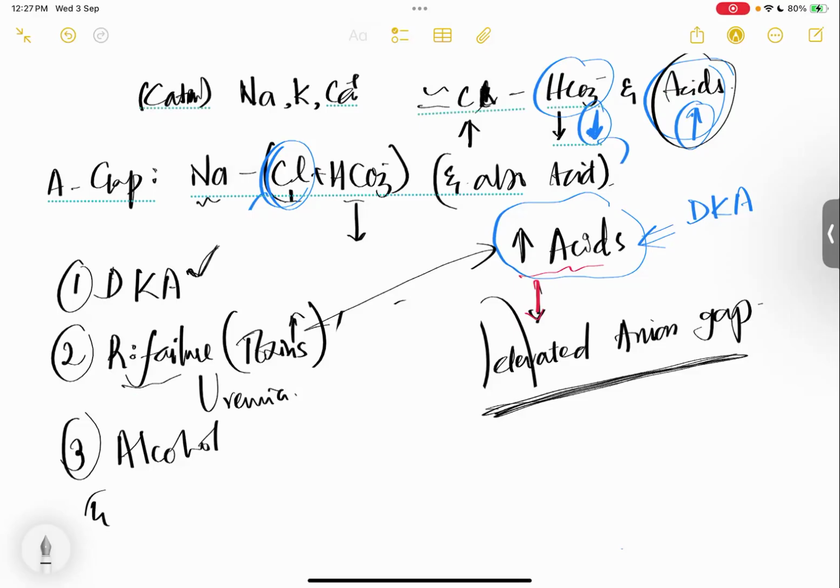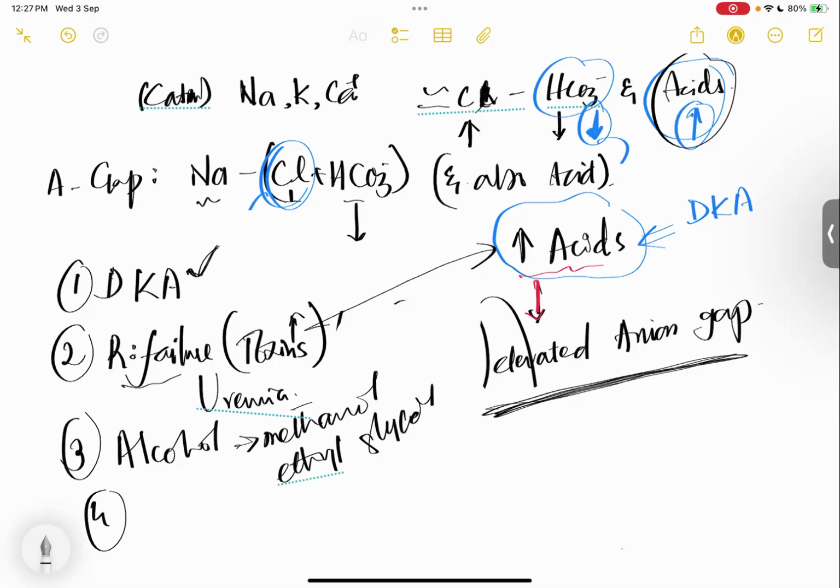What can be other problems? Alcohols like methanol, and some cases of poisoning like ethylene glycol. We call it antifreeze or something like that, right? So they are the same, antifreeze alcohol.